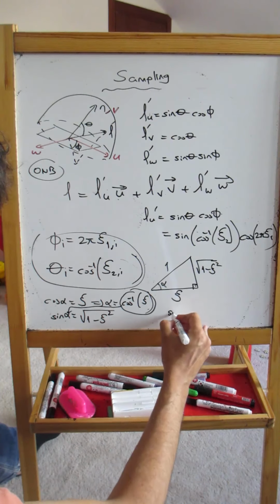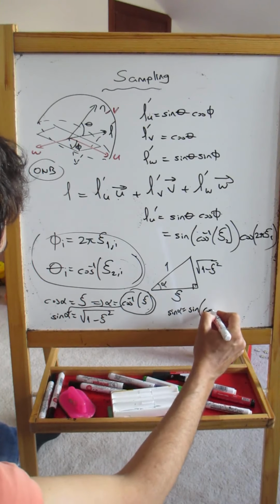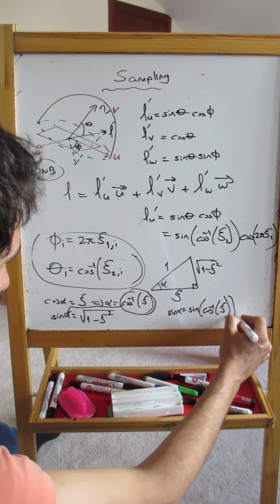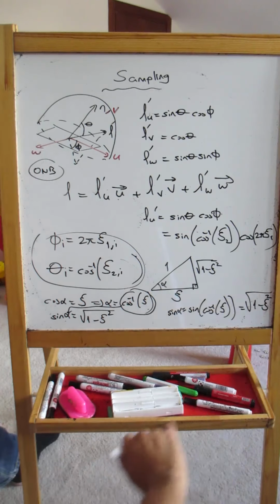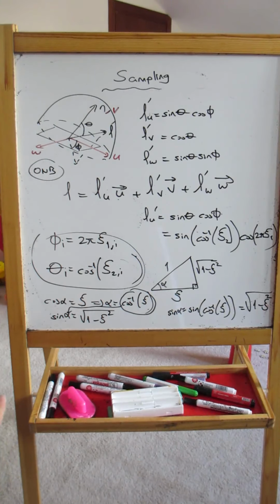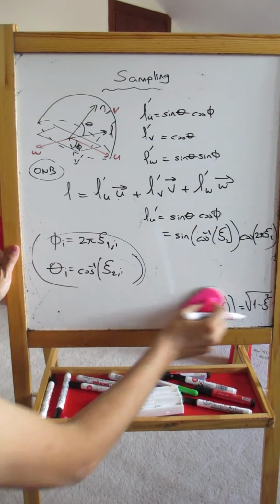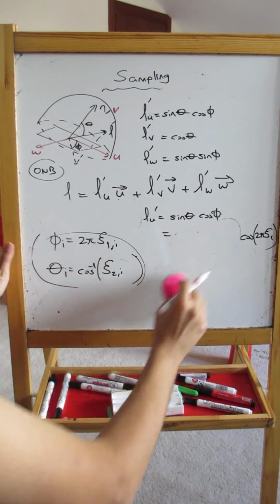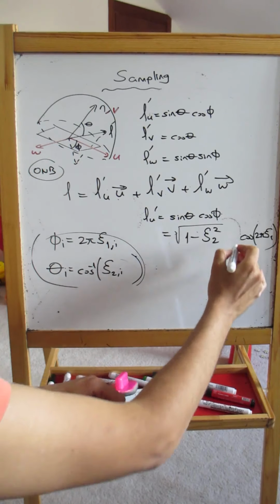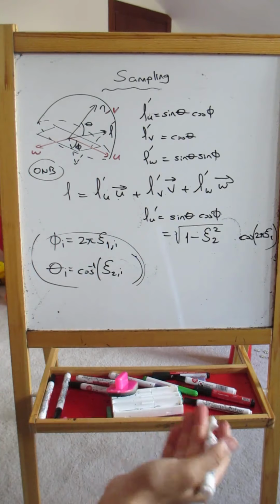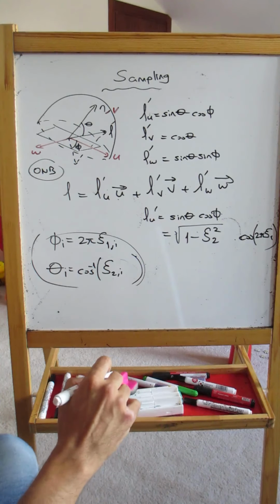Sin alpha is equal to sin of cos^-1 psi, which is equal to the square root of 1 minus psi squared. This means that instead of writing it like that, I can simply write the square root of 1 minus psi 2 squared. This is more efficient. Instead of calling cosine inverse and then sine, I could simply write my result.